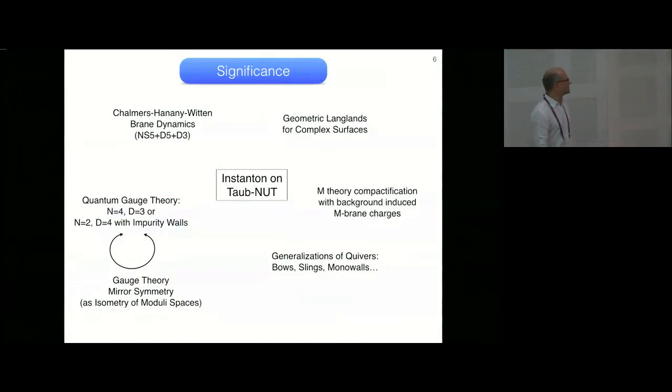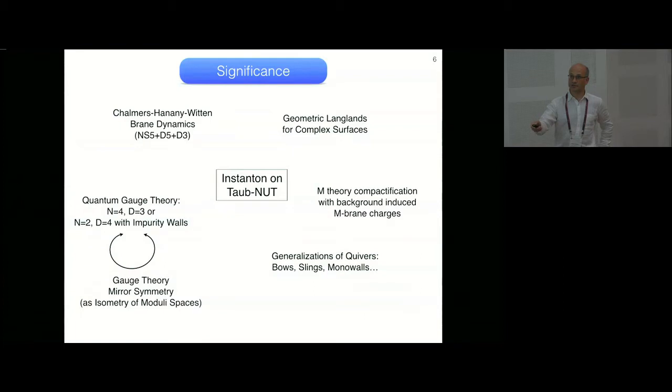Exactly, it is SU(2) holonomy. So as we'll discuss quite a bit today, each instanton on Taub-NUT corresponds to a particular Chalmers-Hanany-Witten brane configuration. Well, that is the string theory point of view, but that allows us to approach the gauge theoretic point of view.